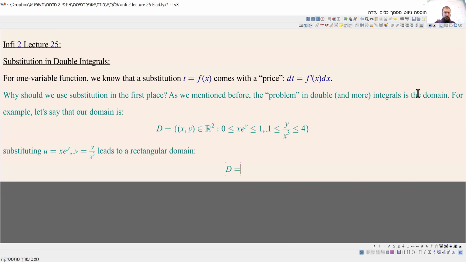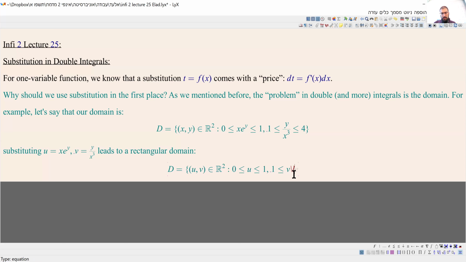Speaking the language of u and v, D is pretty nice: u is between 0 and 1, and v is between 1 and 4.